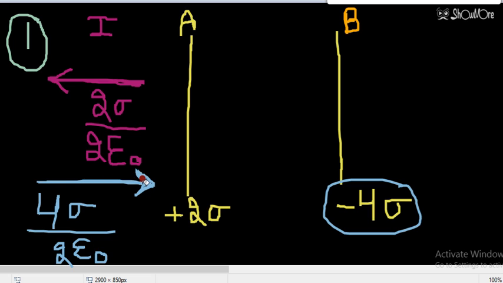So here charge density is plus 2 sigma, so that's why 2 sigma is written here. Here charge density is 4 sigma, so 4 sigma is written here.